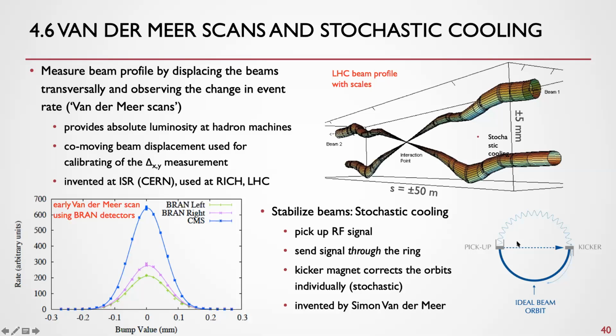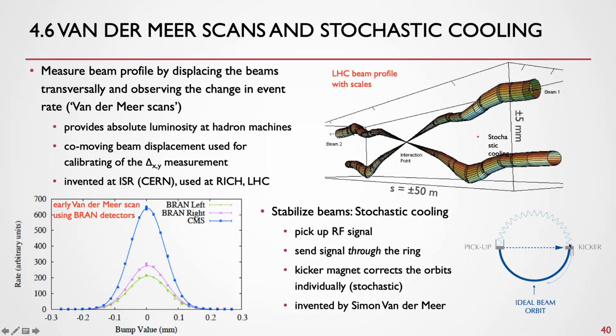Imagine, for example, a bunch hits a dipole magnet not exactly perfectly. That means it will be kicked back on its trajectory, and then it will hit, for example, the next dipole magnet even stronger.